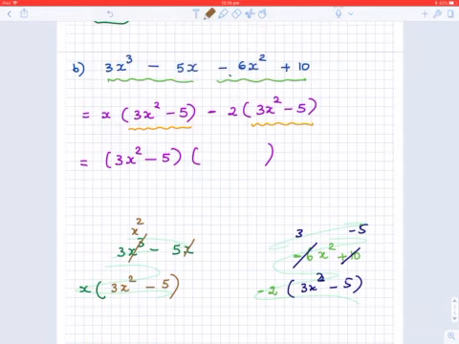What is left here is x, and the other one you have minus 2. So it's 3x squared minus 5, and then x take away 2. So this is your final answer. Okay.